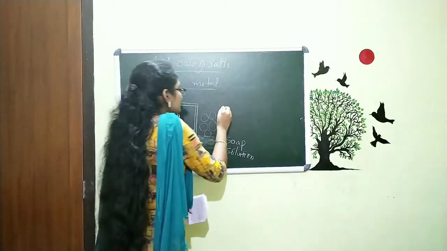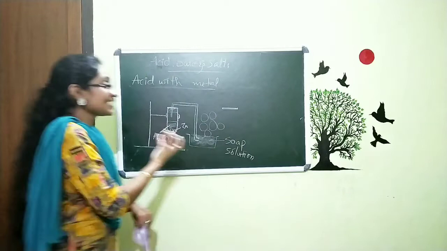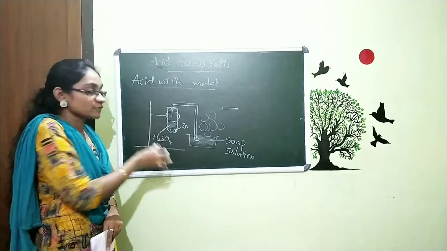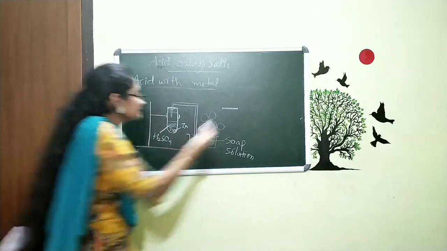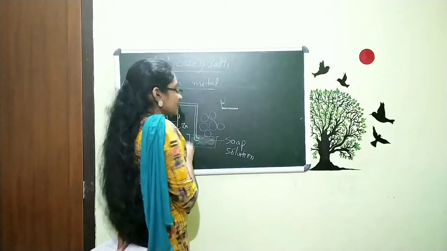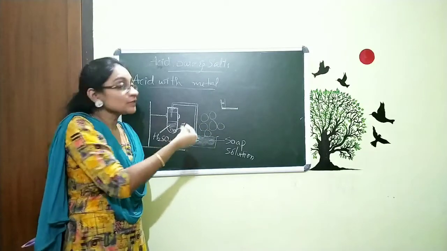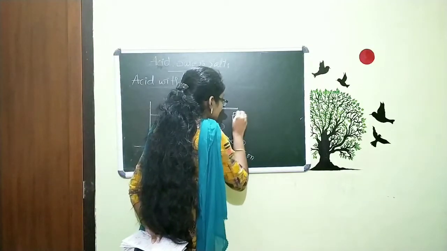Now we want to identify which gas is produced here. In the laboratory we put one burning matchstick here, and when we put the burning matchstick, you hear a sound, and that sound is a pop sound.